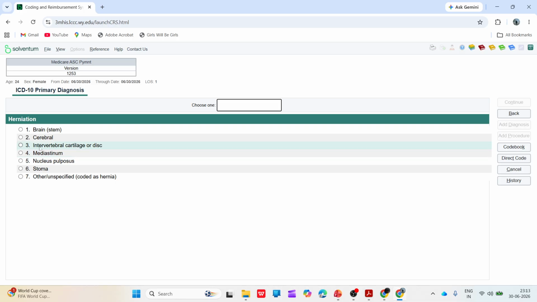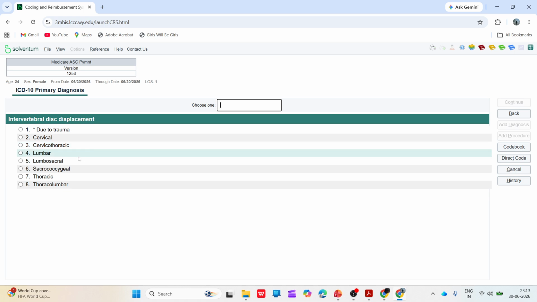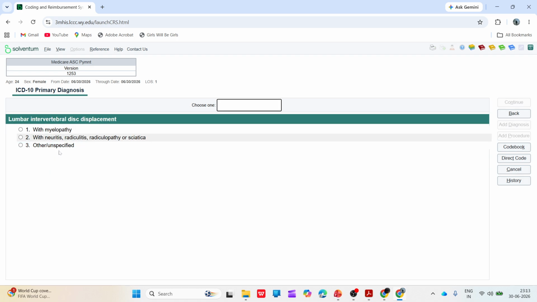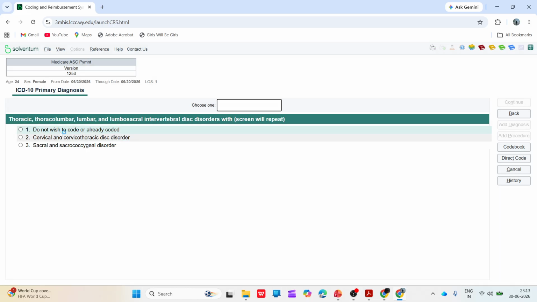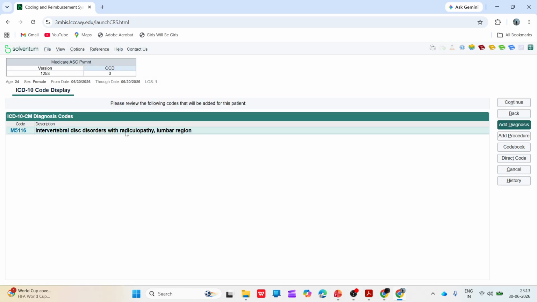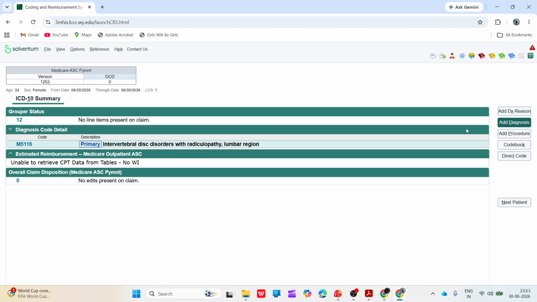Lumbar disc herniation, so this is an intervertebral disc we are talking about. After that, the lumbar region and lumbar intervertebral disc displacement. Any radiculopathy involved? With myelopathy, only radiculopathy. So this one, no, already coded. M51.16. So this one is the ICD for this.